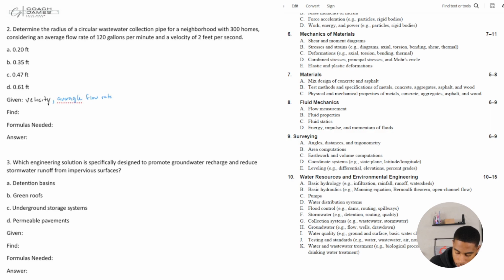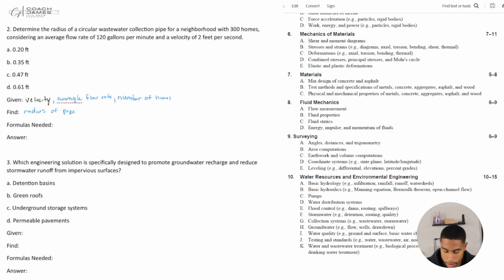And what else? We're also given the number of homes. Okay. So what are we trying to find? We're trying to find the radius of your pipe.